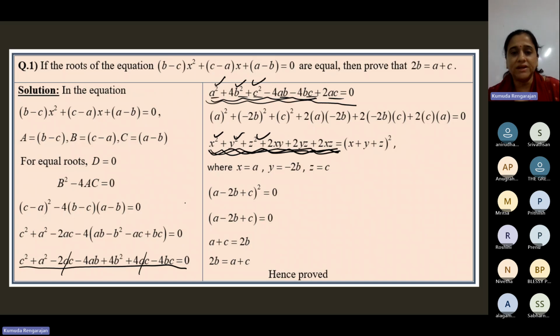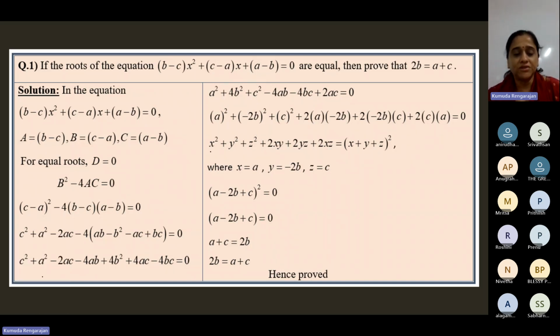And then you present the 6 terms in this form. In this form, x the whole square, y the whole square, z the whole square is this and this. And you verify. You multiply this and check, yes, you're getting this. And when you multiply this, yes, you're getting this.